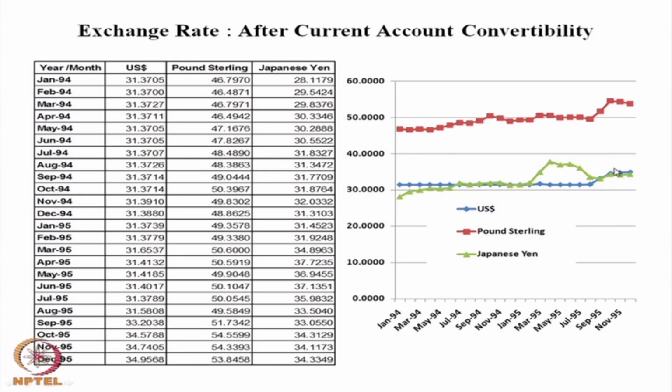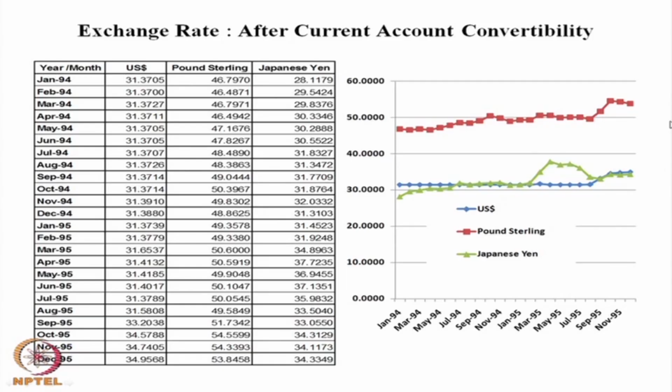After accepting current account convertibility, the Indian rupee tried to find its own rate. The rate is moving toward depreciation, meaning the Indian rupee is moving from the fundamental equilibrium exchange rate towards the market rate. The market determines the actual rate of the Indian currency, and after the liberalization of the current account the rupee is depreciating over the years.